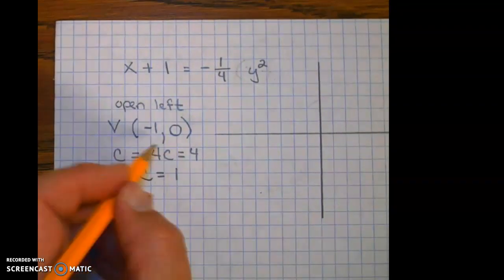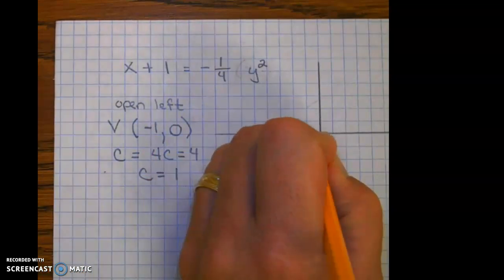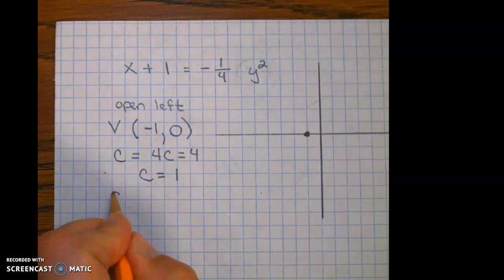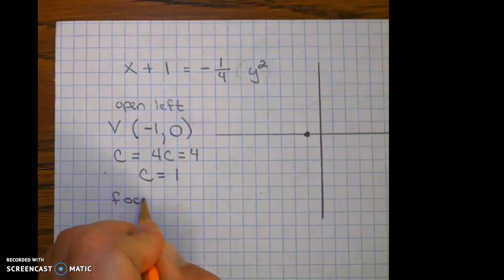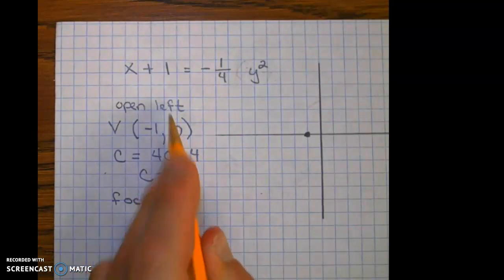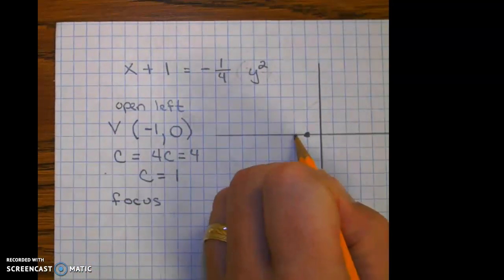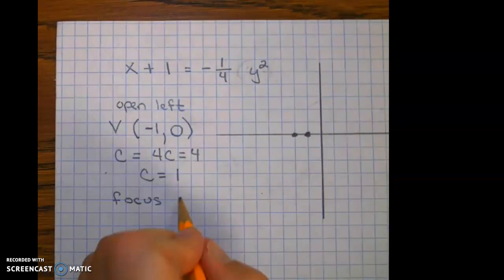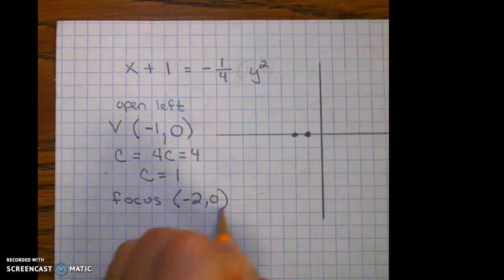Let's plot our vertex. The focus is going to be 1 unit inside the parabola. Since we're opening to the left, we're going to go to the left for our focus. So our focus is going to be at -2, 0.